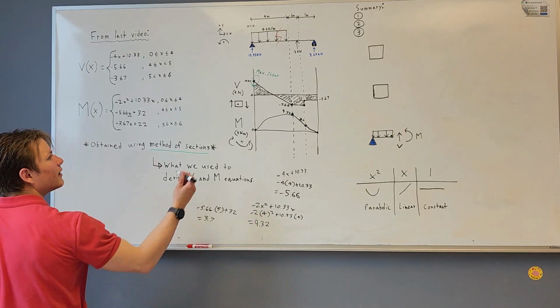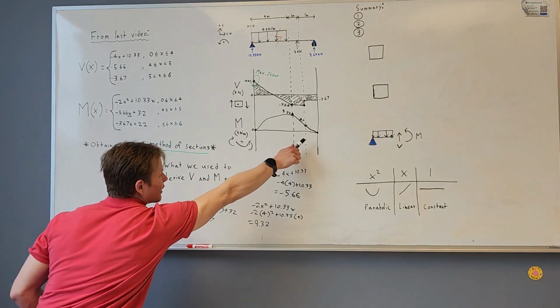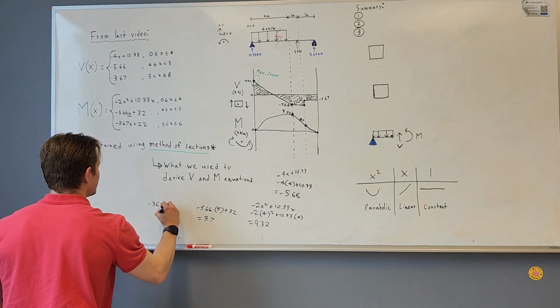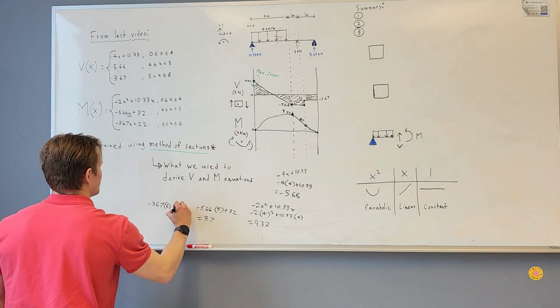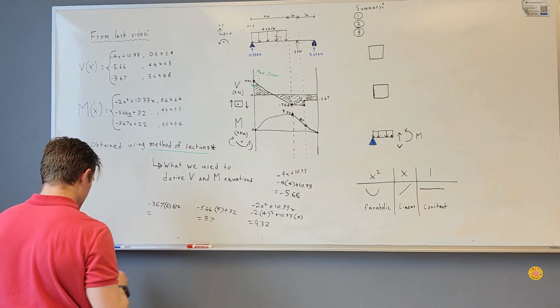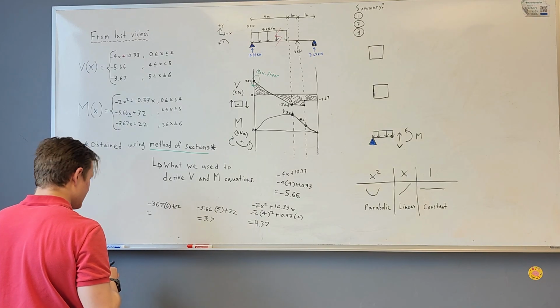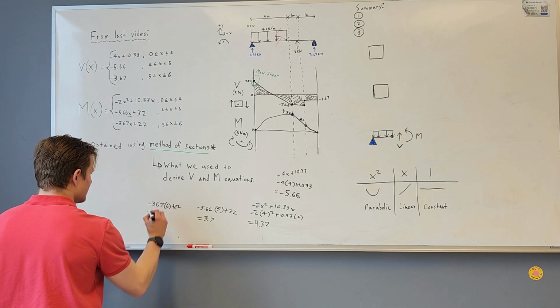Let's check what this value is. So we'll plug in x equals 6, because that's where we are in our graph, into this equation. 3.67 times 6 plus 22. And that is going to be equal to 0.